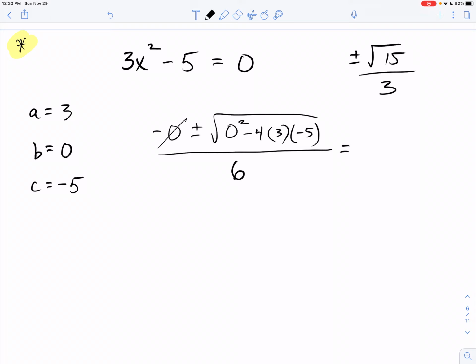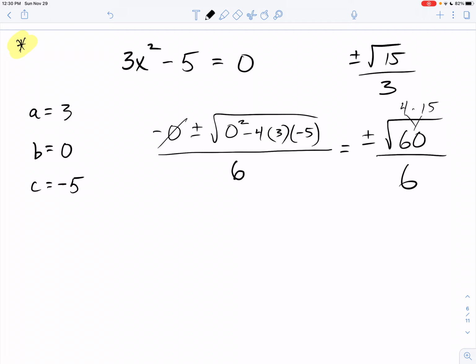There's plus or minus. And then on the inside, what do we have inside there? Well, it looks like negative 4 times 3 times negative 5. Hey, that's positive 60. That's 60. And then I say to myself, 60, that's a weird number. But guess what? It's got a perfect square in it.